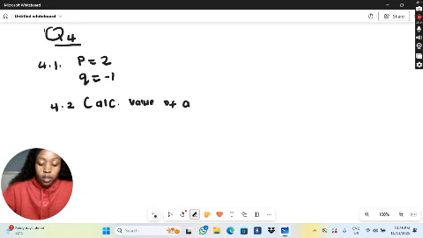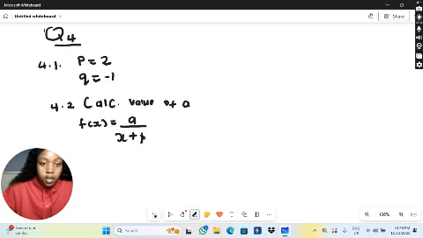Okay, to calculate the value of a, we have this equation of a over x plus p plus q. We just substitute the values. Okay, we have a all over x.